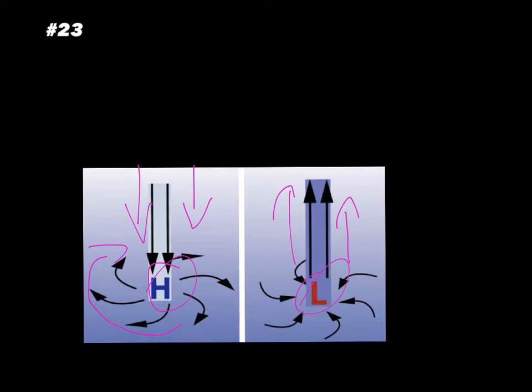So when you do that in a low pressure, that air is moving towards the center. Okay, so what you pretty much want to know: high pressure pushing down, and low pressure, that air is going to go up. And that low pressure is going to allow storms to form.